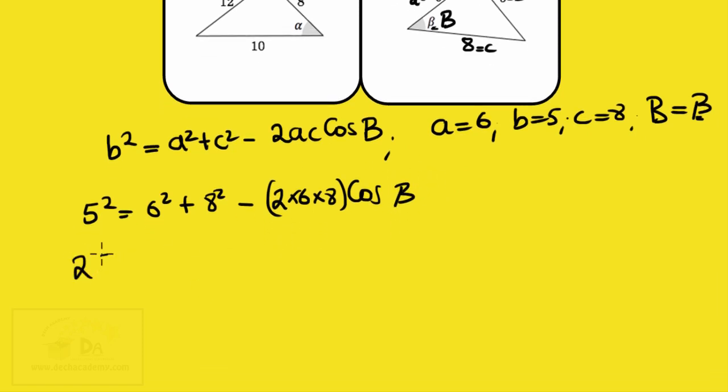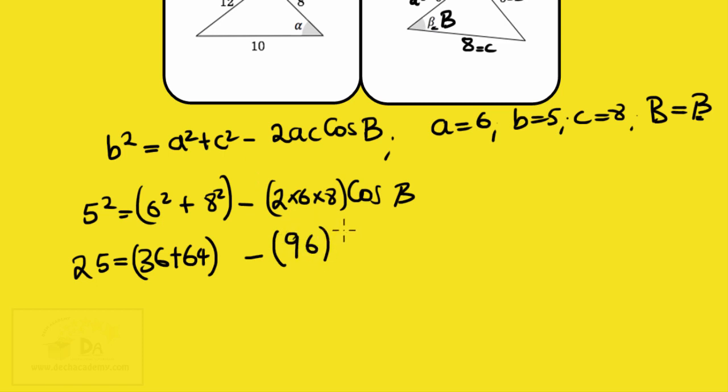Simplifying this gives 25 is equal to 36 plus 64, just put this in a bracket, minus 2 times 6 times 8, which is 2 times 6, 12 times 8, which is 96. So I have 96 times the cosine of beta.